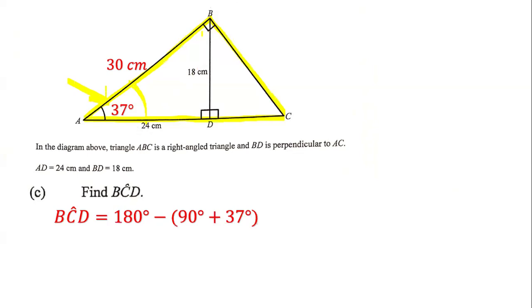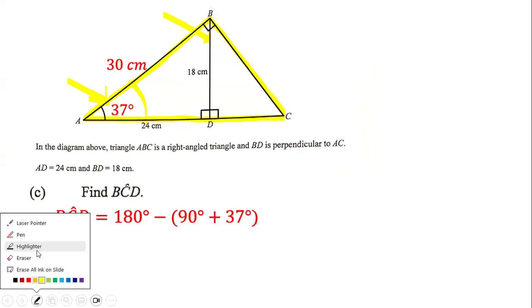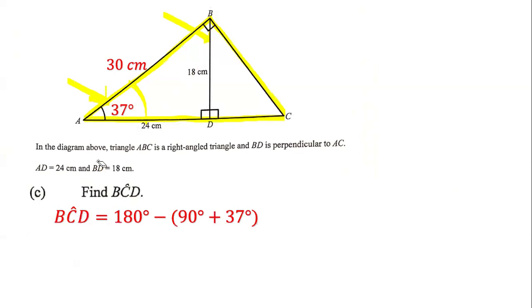And so the size of this angle is 90 degrees, okay? And so what we have to determine is what is C. Now, this is a triangle, and what do we know about the angles in a triangle?